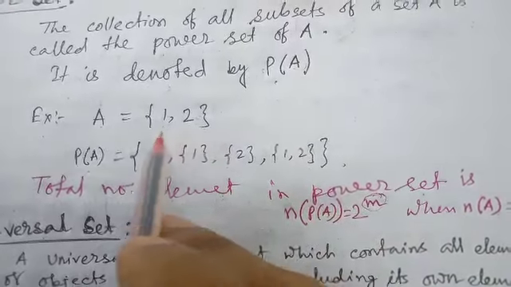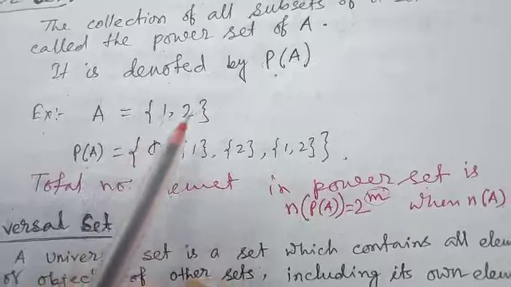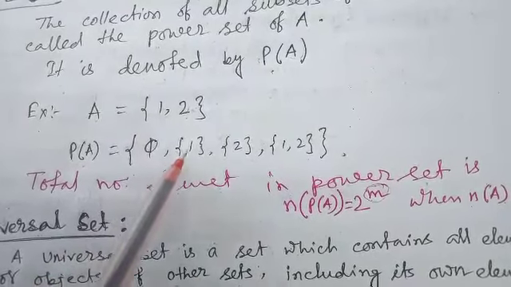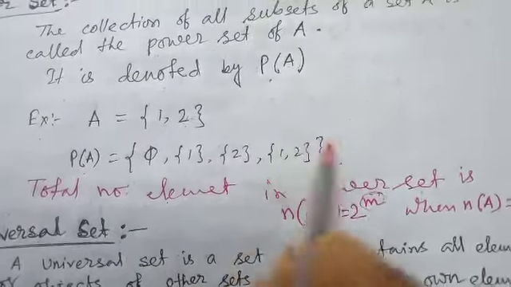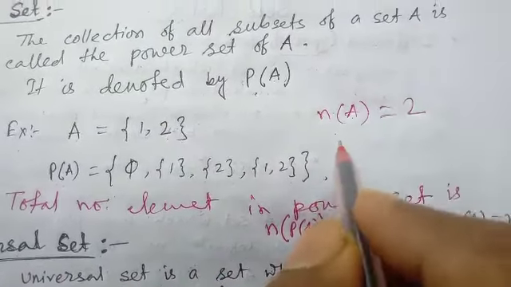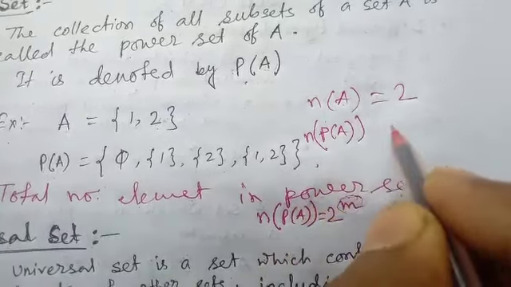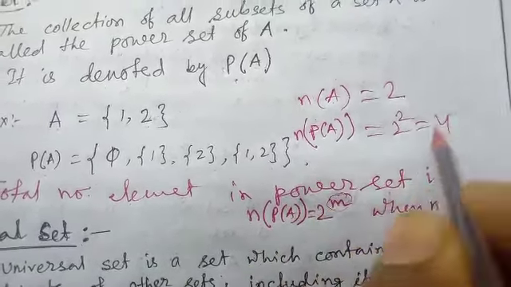You see here, the number of elements in A is 2, and in the power set there are 4 elements. So here n of A equals 2, so n of P of A equals 2 to the power 2, that means 4.